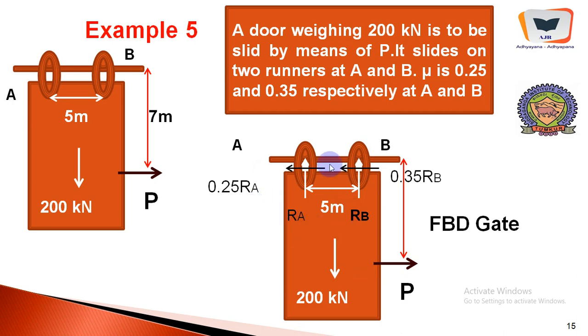Now we will write the free body diagram. This is the reaction RA, this is the reaction RB vertically, and this is the distance between the supports. The wheels can be taken as supports. Since it has to show the tendency to move rightwards, here is the frictional force 0.25 RA, because the frictional coefficient over here is 0.25, and here it becomes 0.35 RB, and there is a weight acting over here.